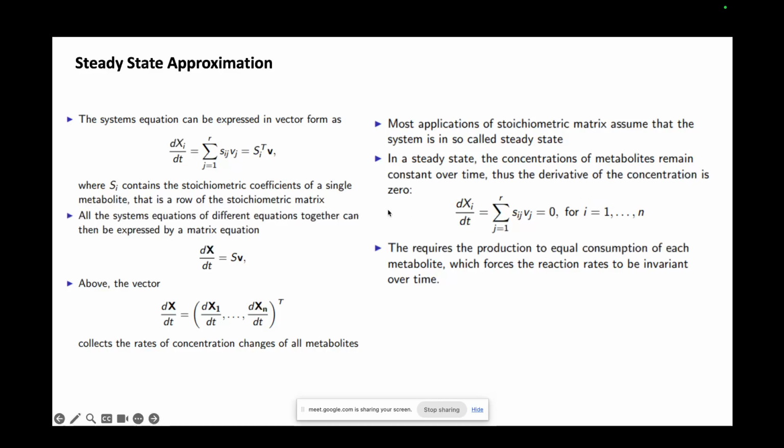Thus the derivative of your concentration is 0, which is the definition of steady state. So this equation gives you a steady state. Here, i is denoting x1, x2, x3, x4, etc. till xi.